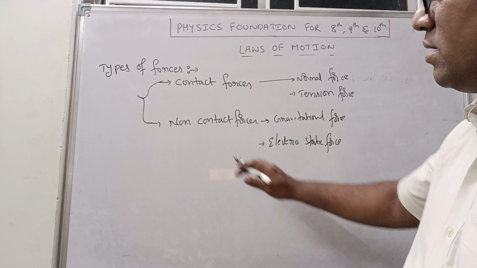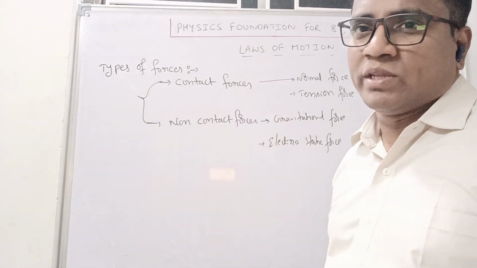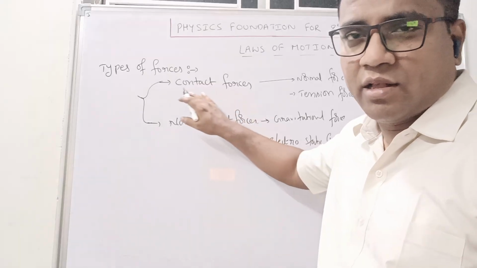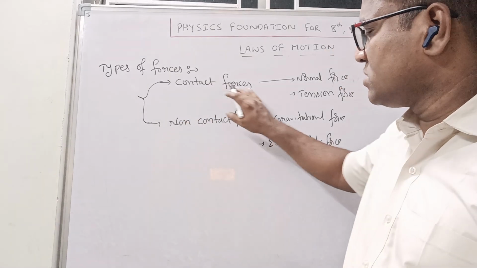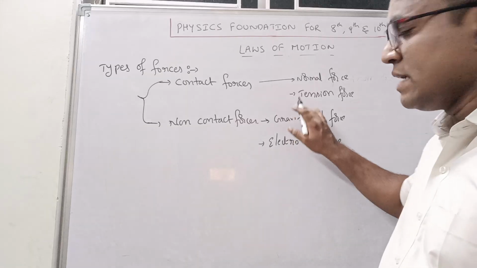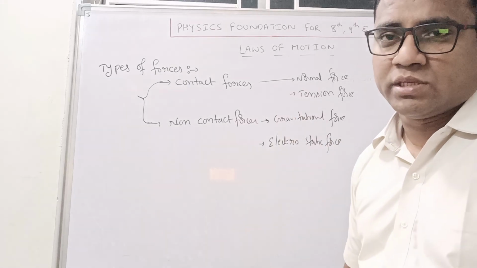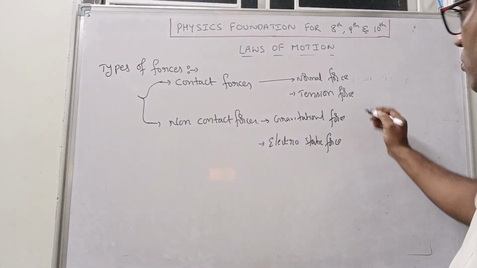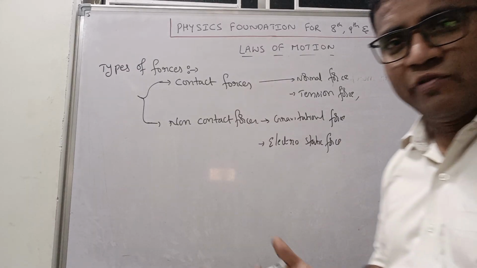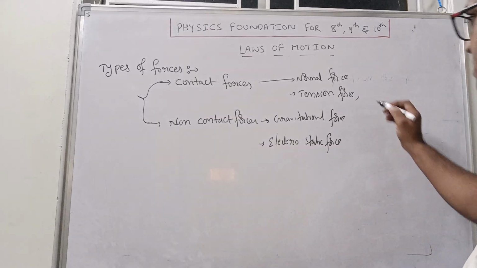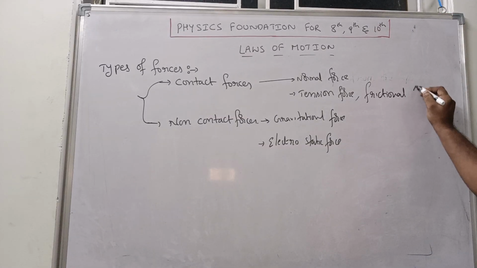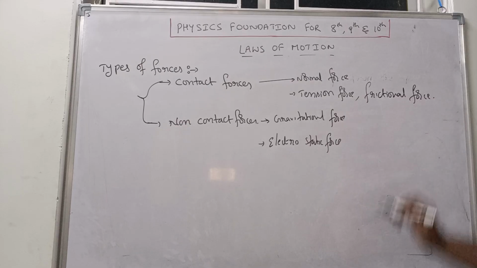In this chapter, we are going to deal with only contact forces: normal force and tension force. One more force is there, and if possible we will try to discuss it, that is frictional force.